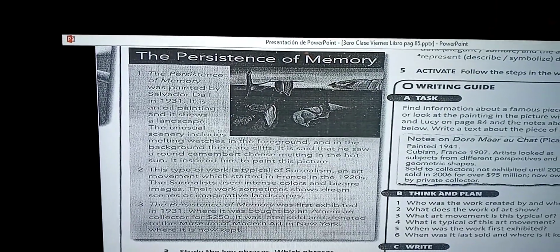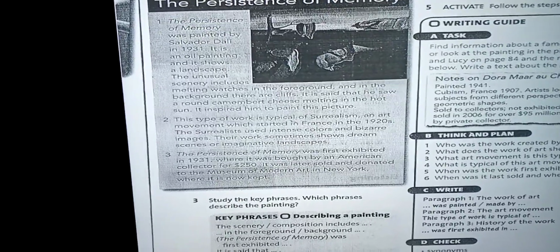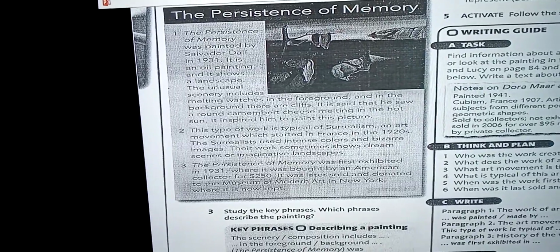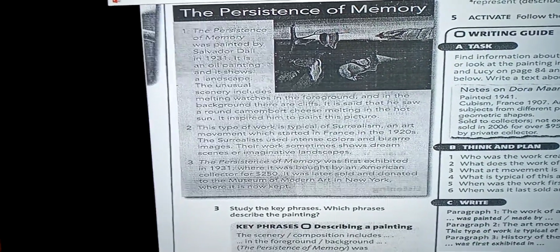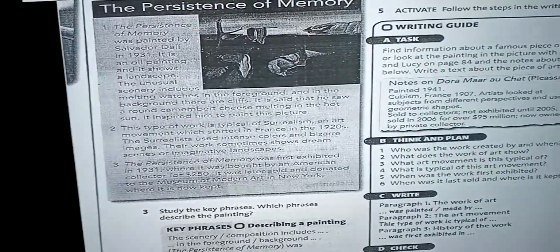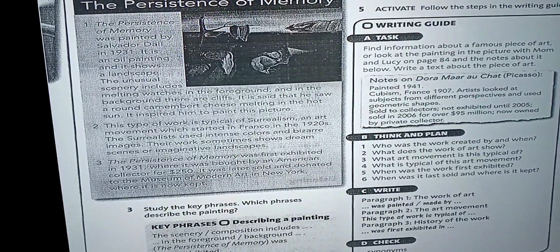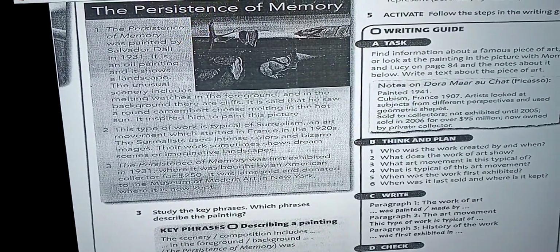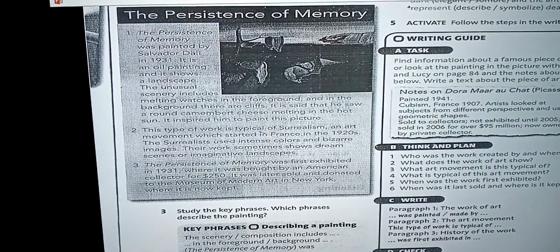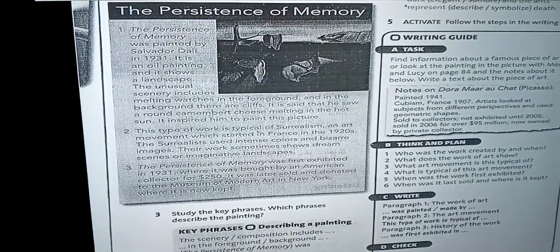Number 3. The Persistence of Memory was first exhibited in 1931 when it was bought by an American collector for 250. It was later sold and donated to the Museum of Modern Art in New York, where it is now kept. Okay, this is The Persistence of Memory.